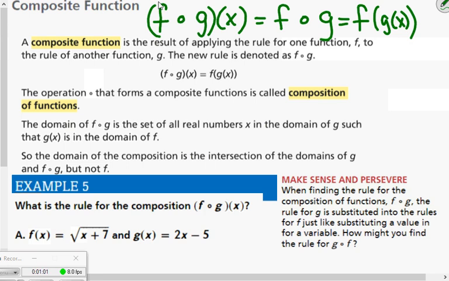Instead of the analogy with the shampoo and the conditioner, I think it might make more sense if we think of these composites or these compositions of functions as one machine built inside another machine, all right? For example, if you've ever done laundry, you know that you have to put your stuff in the washer, and then when it's done, you got to take it out and put it in the dryer, right? They're two separate machines.